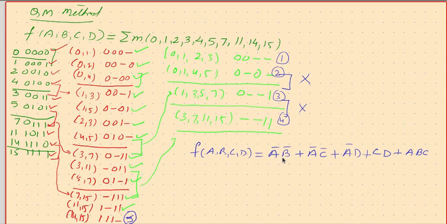So we have a bar b bar, we have a bar c bar, and then we have a bar d bar, and we have cd, and we have abc.